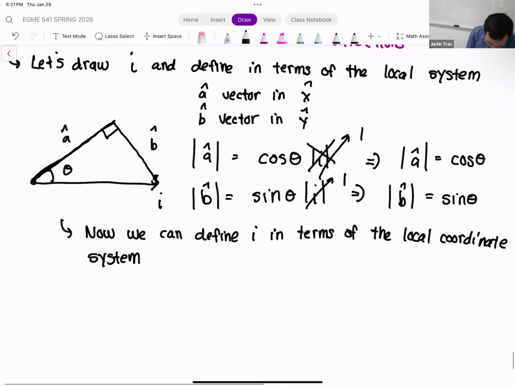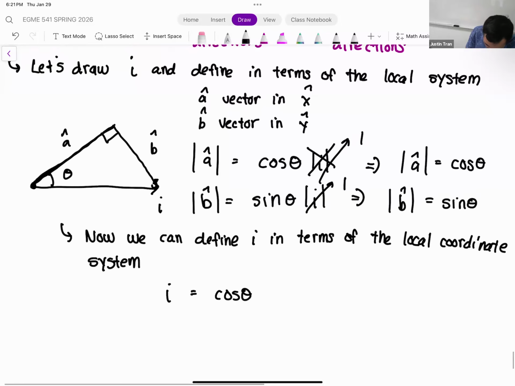So what this looks like is I is essentially equal to cosine theta, which is the component in the i hat direction, minus sine theta j hat.